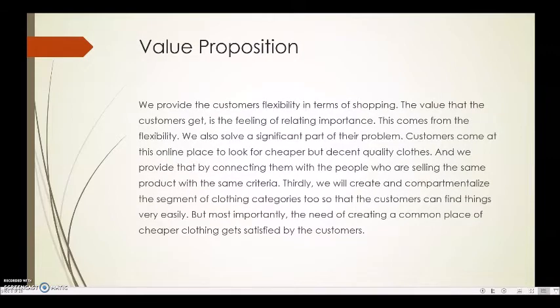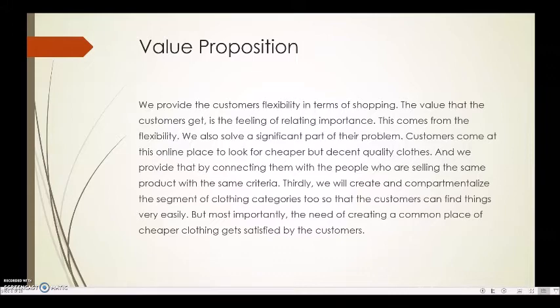Secondly, the value proposition. We provide the customers flexibility in terms of shopping, and the value that the customers get is the feeling of importance. The moment they engage with this website and system, they feel that every single step has been valued.